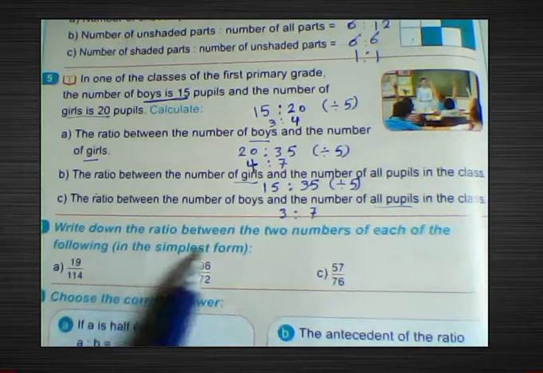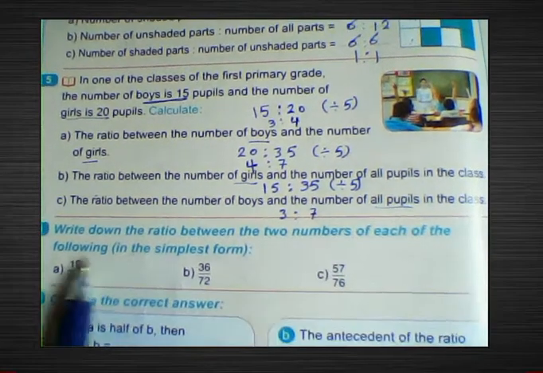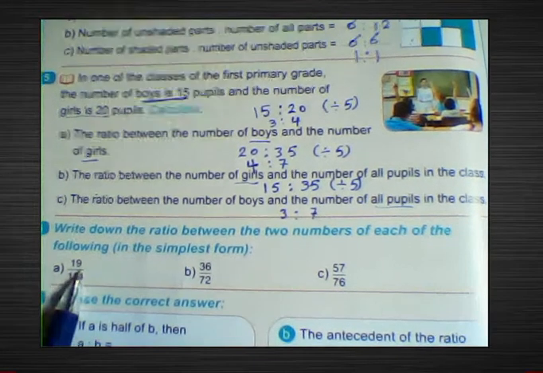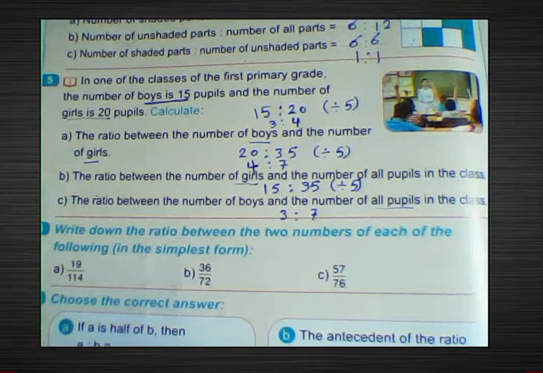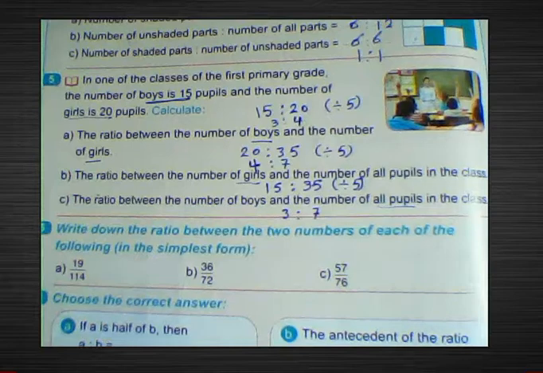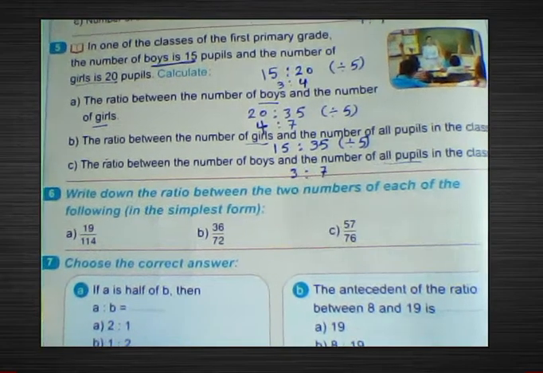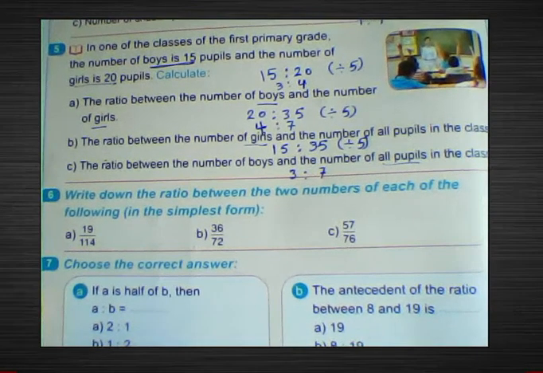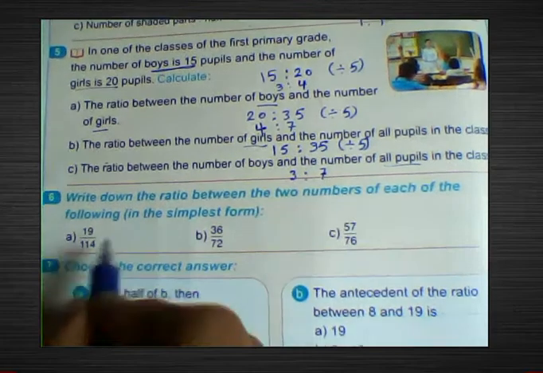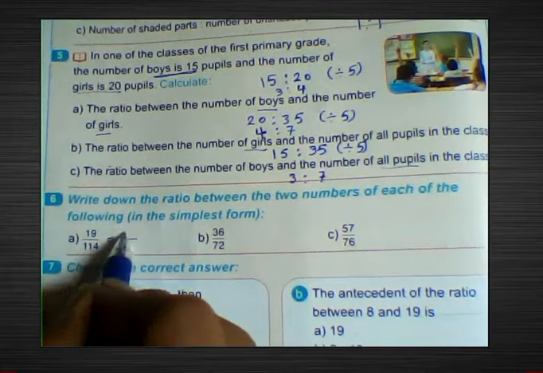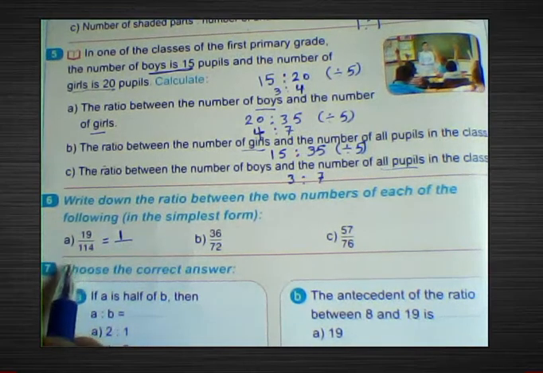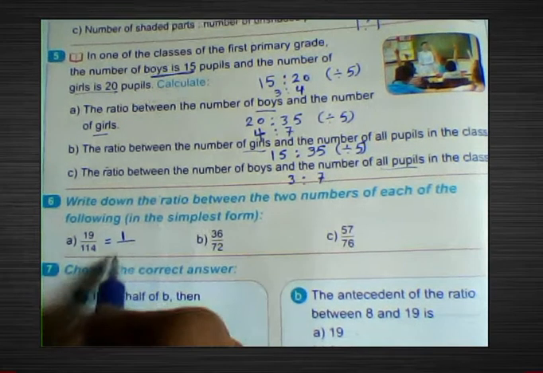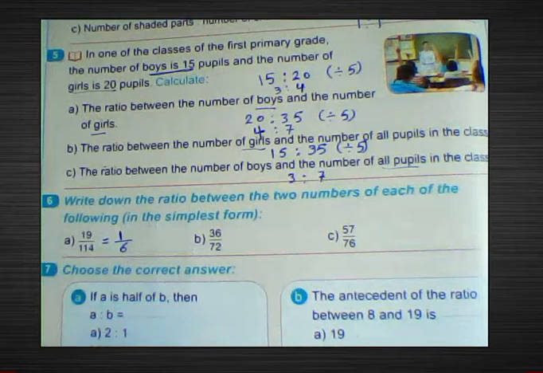Write down the ratio between the two numbers of each of the following in simplest form. 19 over 114. We can simplify by dividing by 19, because 19 is a prime number. 19 divided by 19 equals 1, and 114 divided by 19 equals 6, because 6 times 19 equals 114.